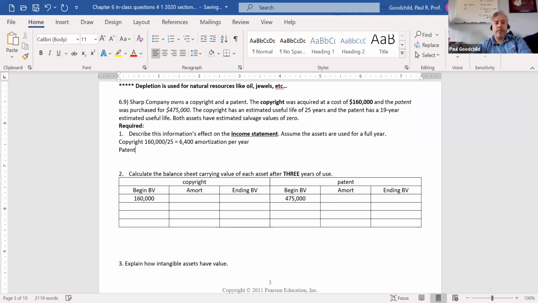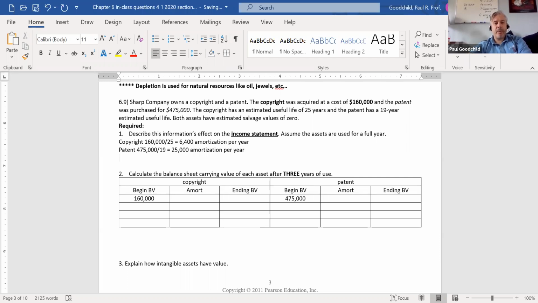The patent was 475,000 and that had a useful life of 19 years. And so that is 25,000 of amortization per year.